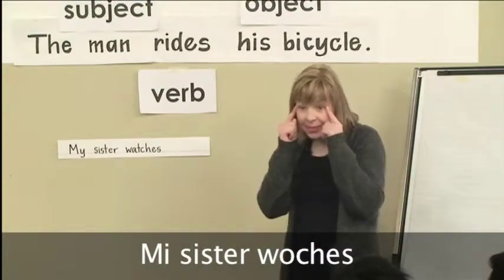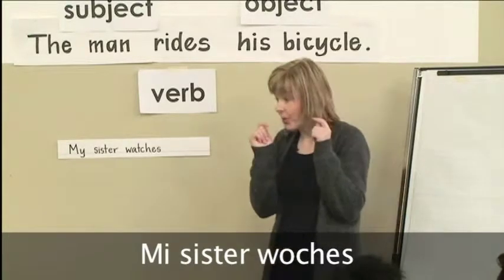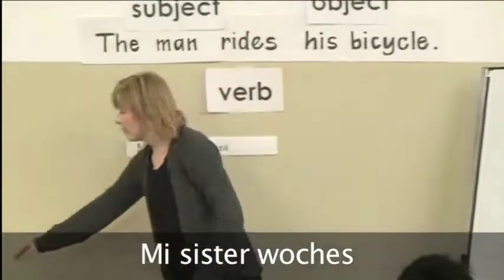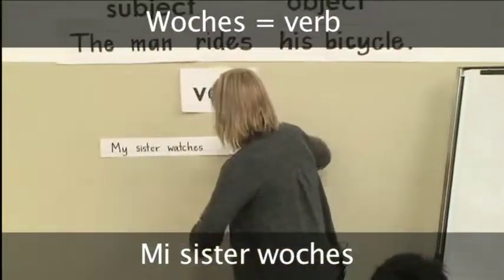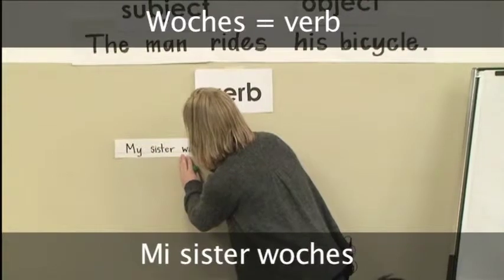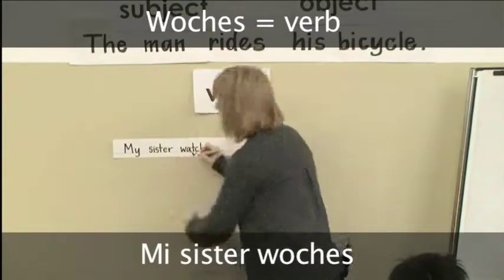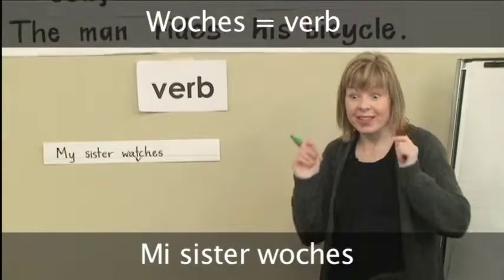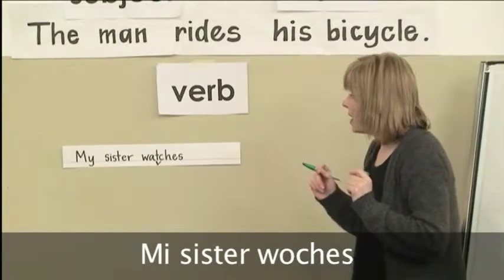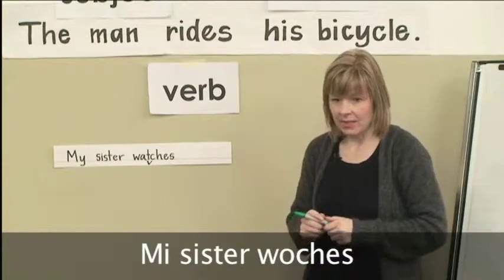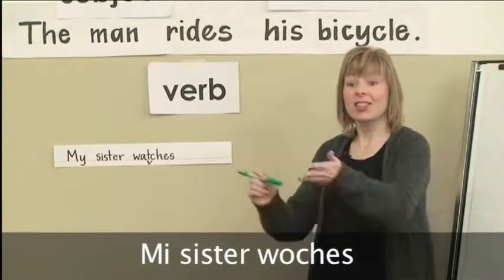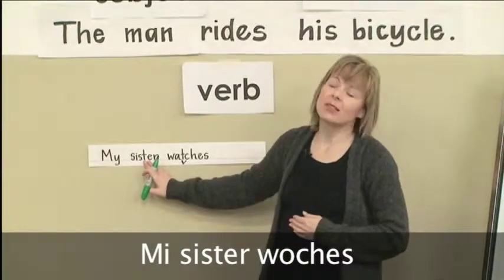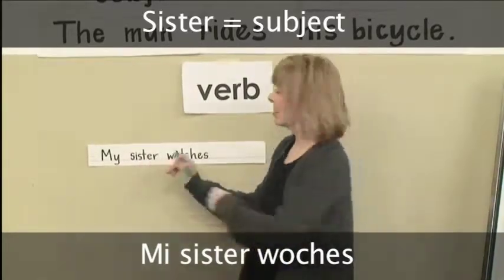If you're watching something with your eyes, that's the verb, right? So we will say that watches is the verb. We're going to put a V here. That's our action word. Even though it's not an action where you're moving a lot, you're still doing something, right? Who's the star of this sentence? Sister. I like to call it the star, but she's the subject. Sister is the subject.